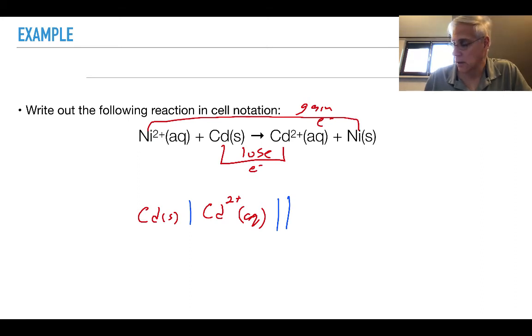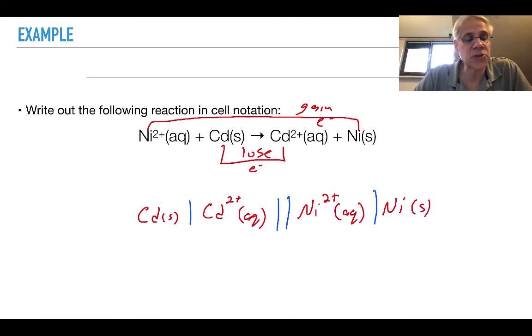And then our reduction side, we're going to have nickel 2 plus aqueous, and then we have a phase boundary, and then we have nickel solid. So that's all there is to writing out the cell notation for that electrochemical reaction. Pretty easy to do, much easier than drawing out an entire battery.